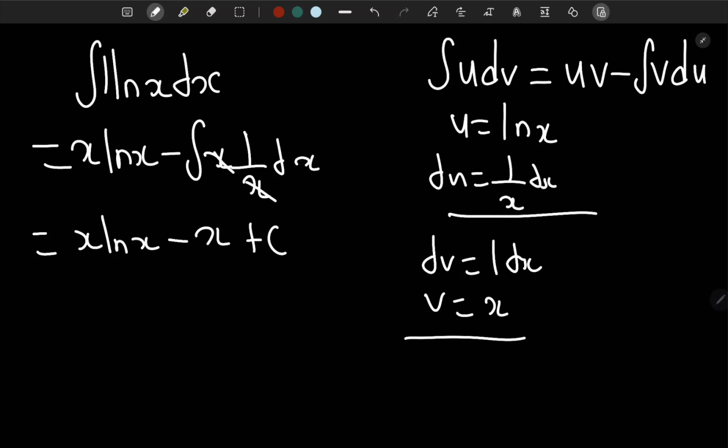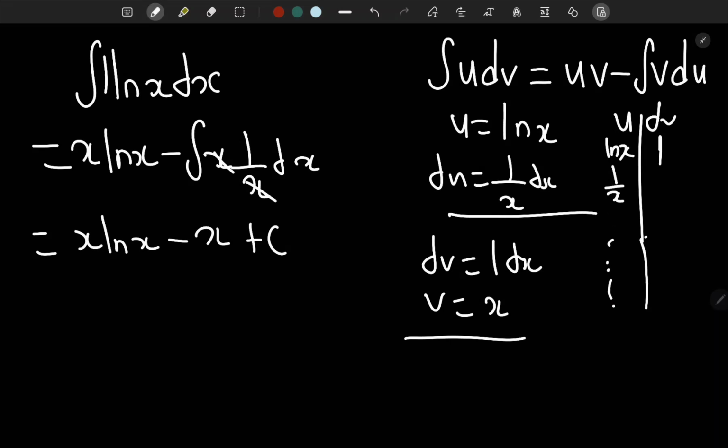And here we cannot use that shortcut method, the tabular method, since u here is ln x. It has to be a polynomial to be able to use that method, and I will show you why. So let's use u and dv. u is ln x and dv here is 1. So if you differentiate ln x, it's going to be 1 over x, and you keep going on and on and on.